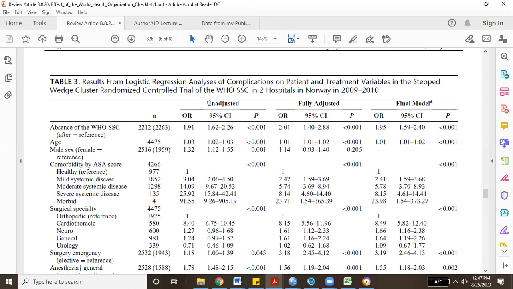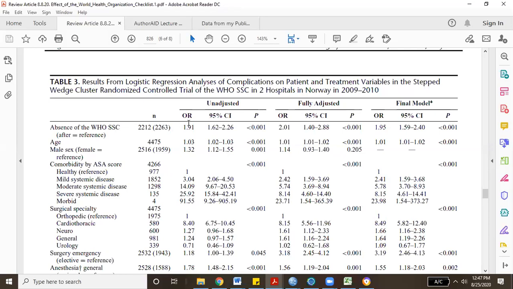So because the unadjusted and the adjusted are significant, I can truly say that those in the control group that did surgical procedures without the use of the WHO surgical safety checklist will have more complications, at least 1.91 or 2.01 times more complications than those in the treatment group.